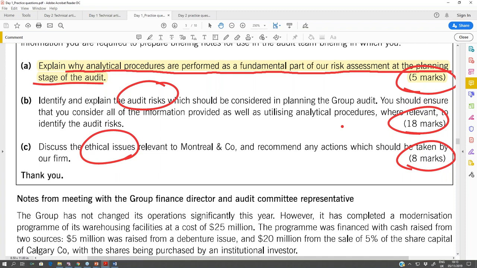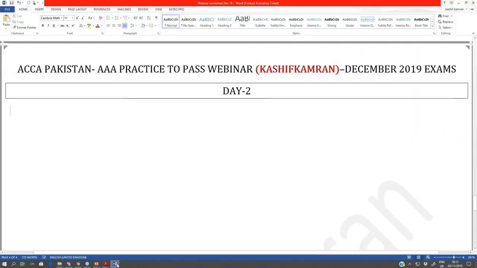I did mention yesterday that for the knowledge questions which come in the first question of the AAA paper, the marking scheme is 2 marks per valid point you write. We started to drill this question yesterday when the session ended, so let's continue from the start of day 2.